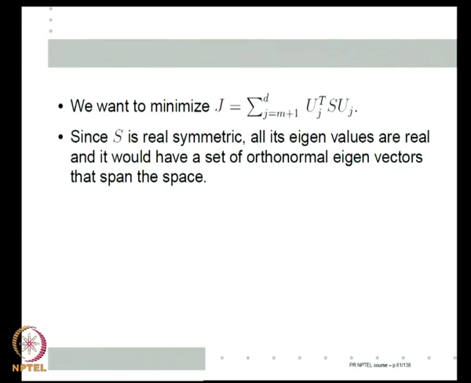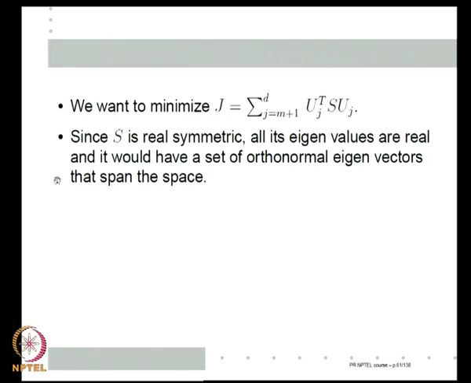Now, we know because S is symmetric, all eigenvalues are real, and also it will always have a set of eigenvectors which can be orthonormal. So, S will have an orthonormal set of eigenvectors, its eigenvalues are real, and the eigenvectors of S will span the space. So, eigenvectors of S can be an orthonormal basis for R^d, right.